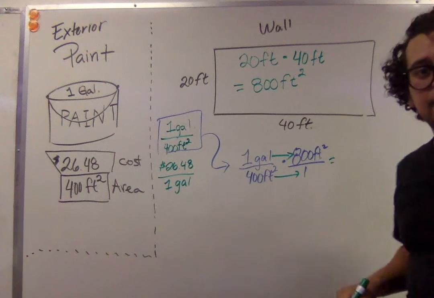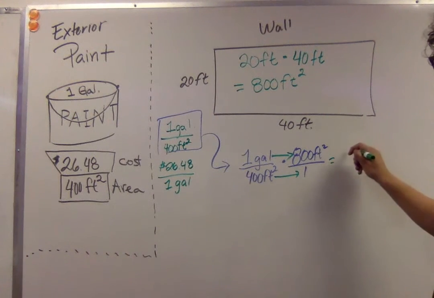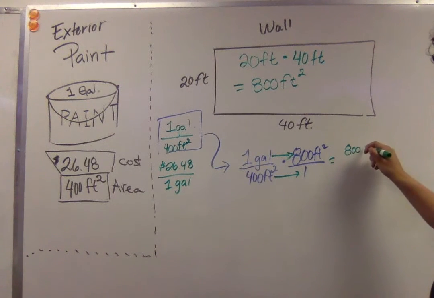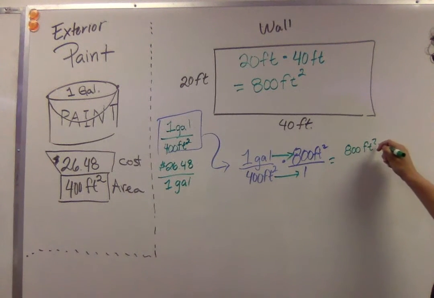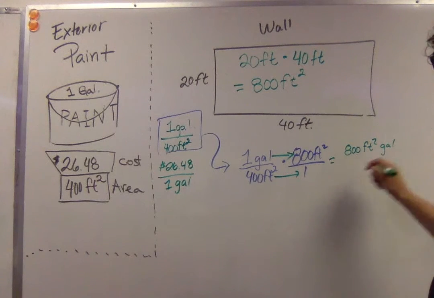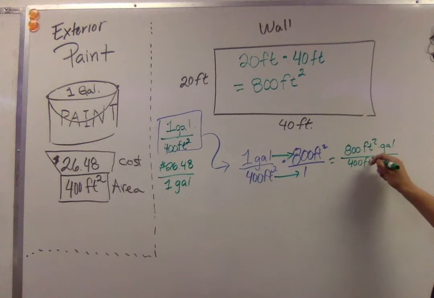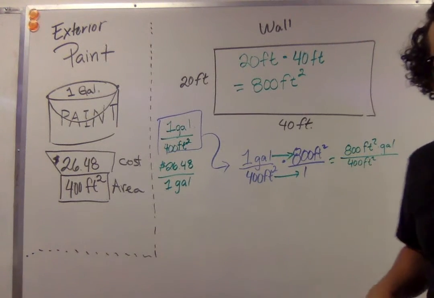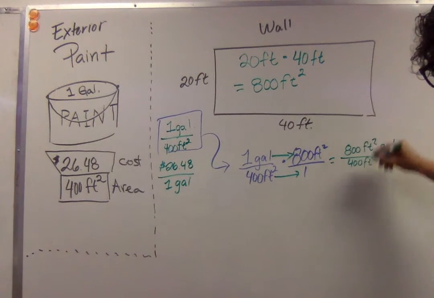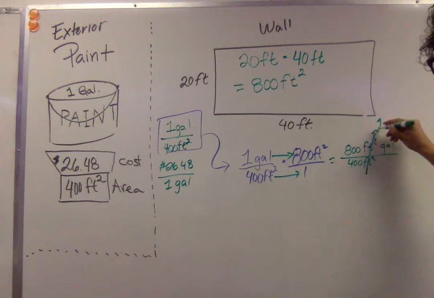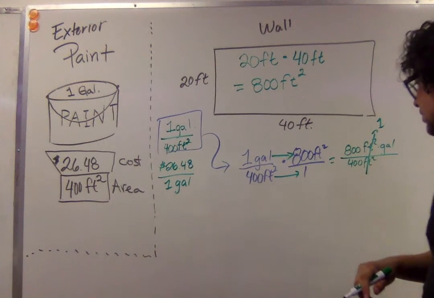And what I am going to end up having is 800 feet squared times gallons over 400 feet squared, okay? And we're almost finished. These will become 1. There's a video on that. Check it out if it doesn't make sense.